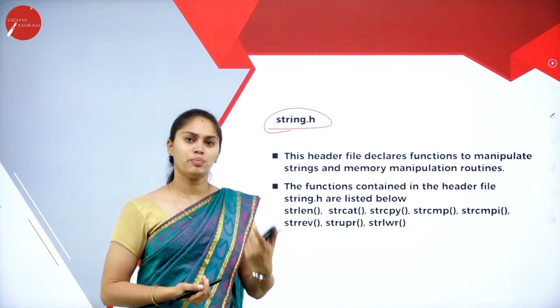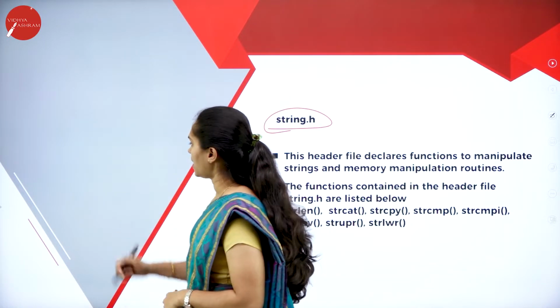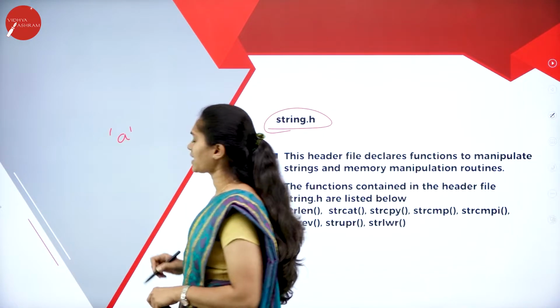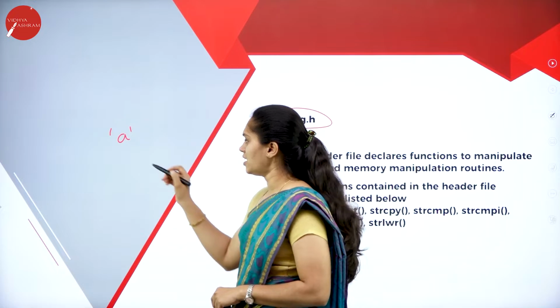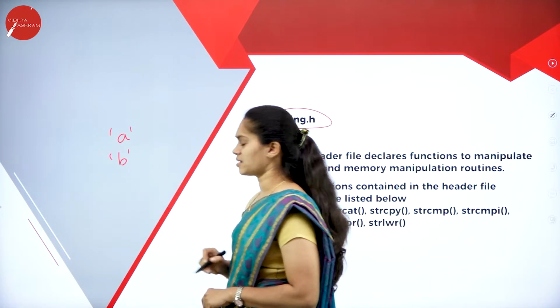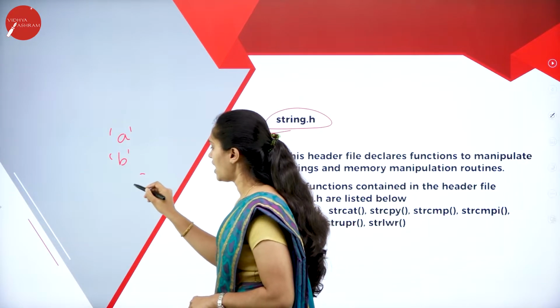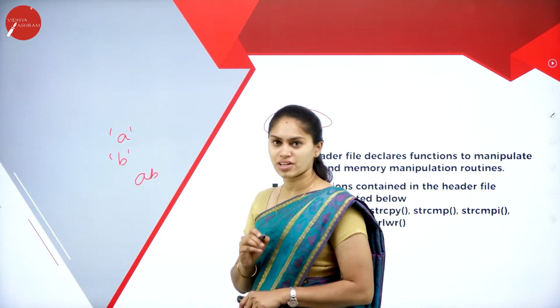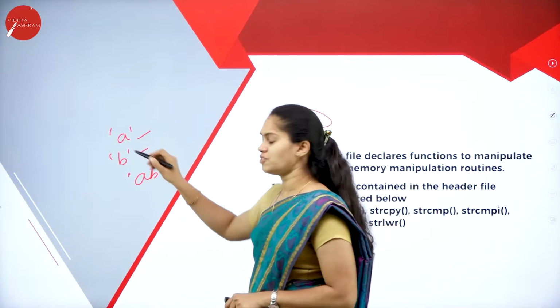But what if I wanted to perform any function related to string? This is a character, a single letter, and I have one more character called B. But what if I wanted to have both together? Then I am going to call that a string.